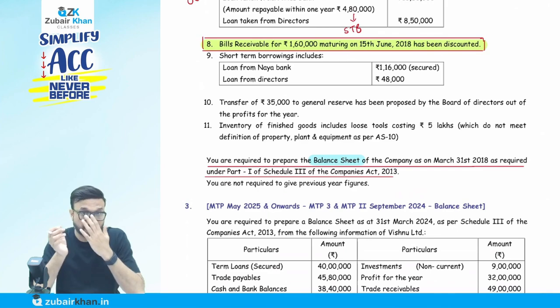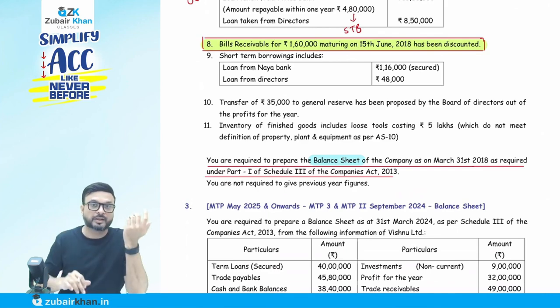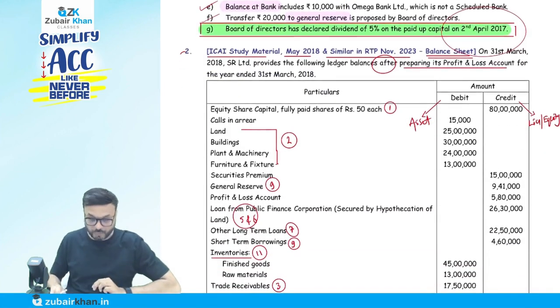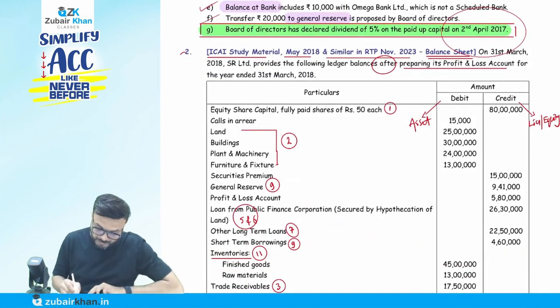But what is important is that we have to know the notes to account. If you remember, I told you in the previous session, 4 are fixed. We have to prepare: first of all, some will come on the equity side, some on the liability side, and some on the asset side.